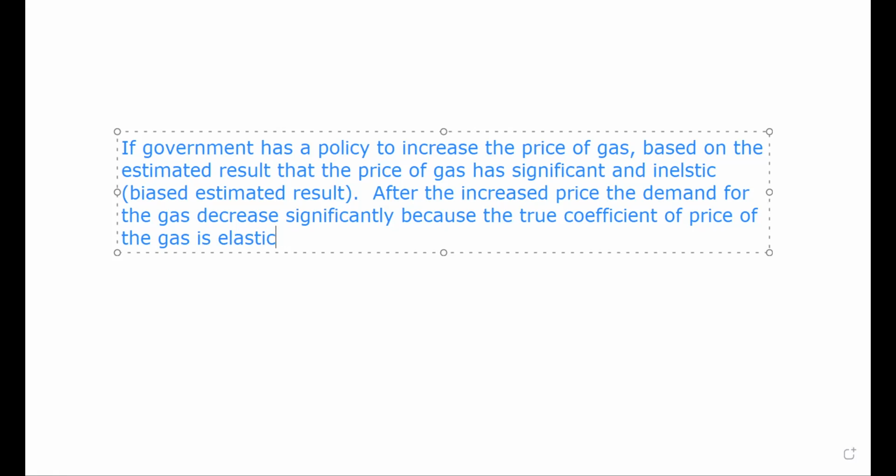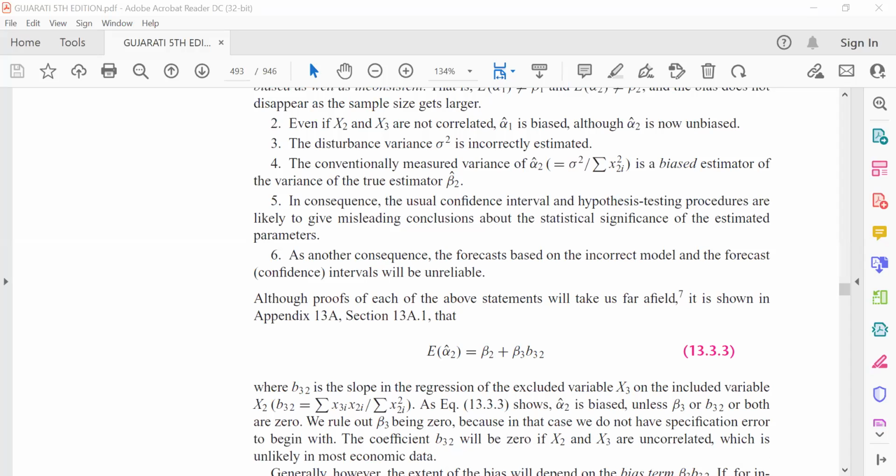So this means the government policy creates another problem in our economy. This is the consequence if we use these biased estimated results.